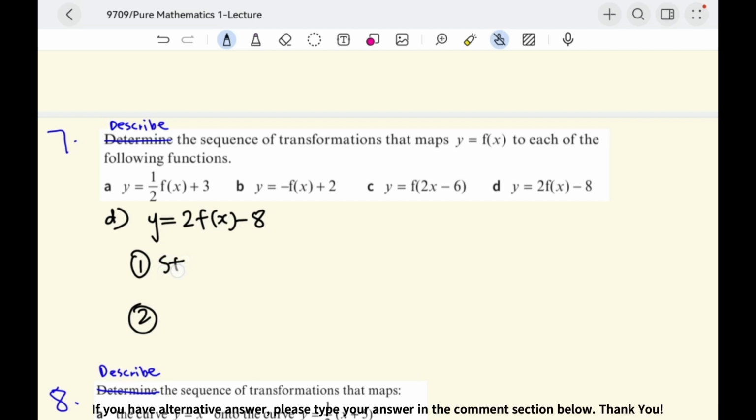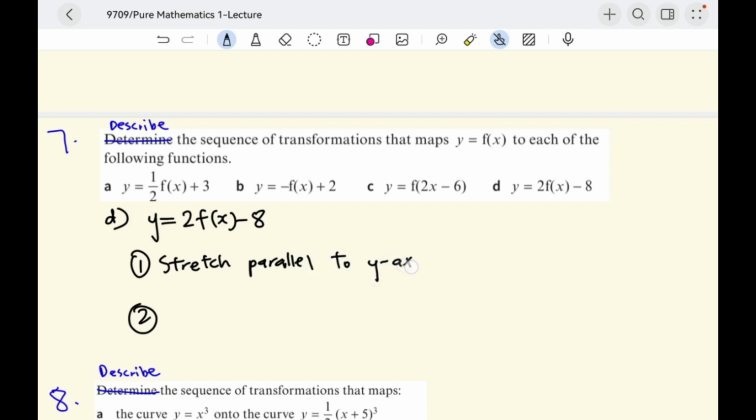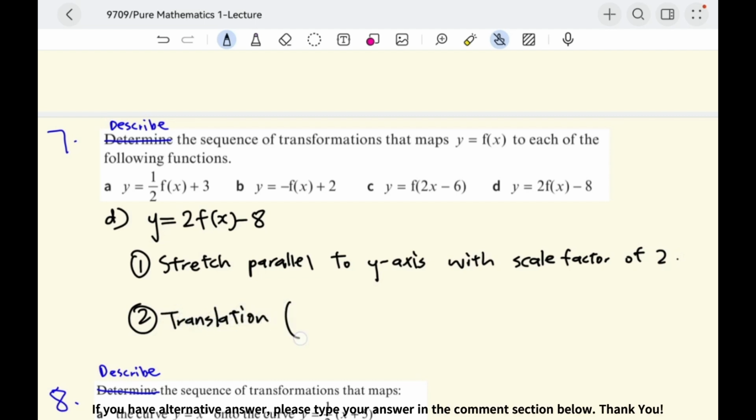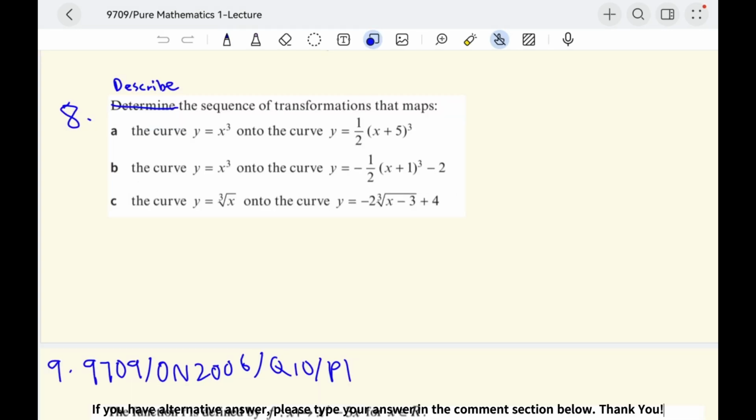So there's a stretch parallel to the y-axis with scale factor of 2, followed by translation (0, negative 8). All right, let's move on to the next question.